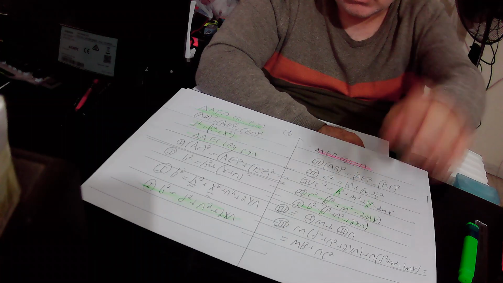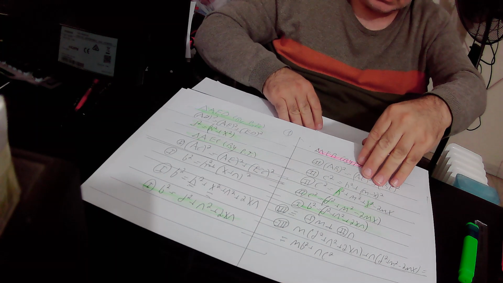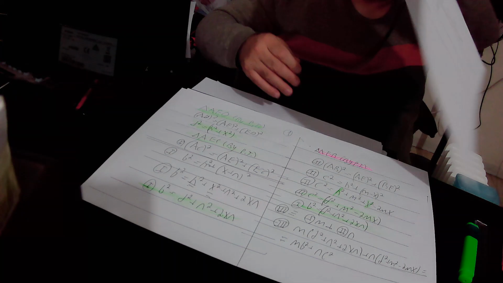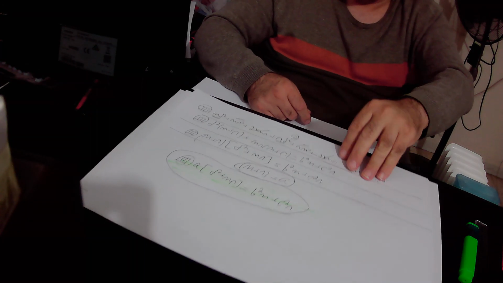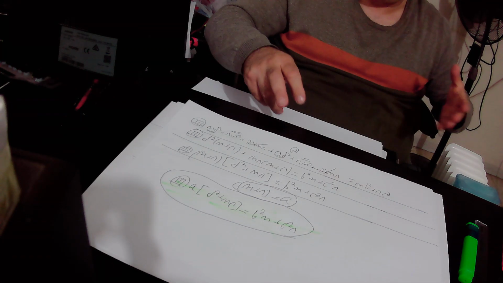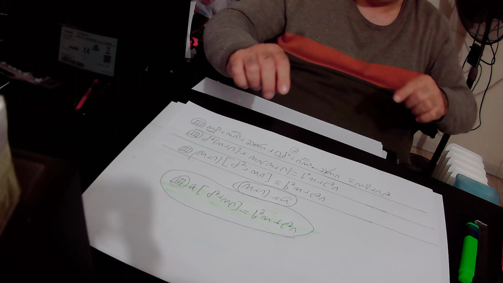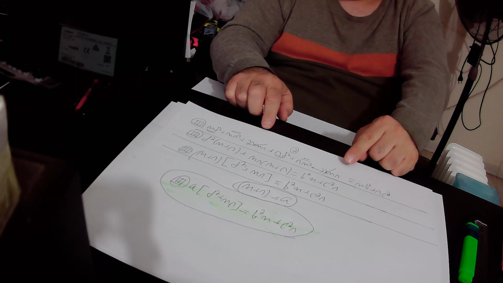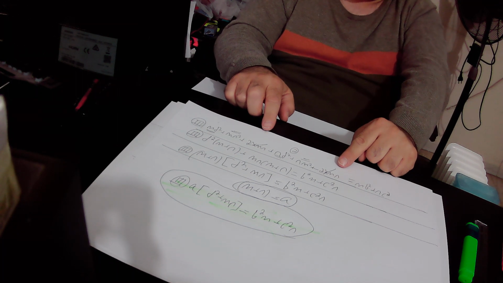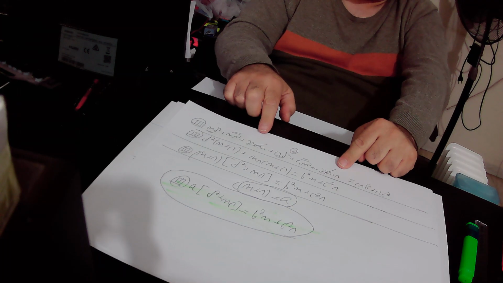And it must be equal to mb squared plus nc squared. This is equation number 3 after we open the brackets. So we have here plus 2xmn minus 2xmn, which is 0. So those two expressions will get cancelled.